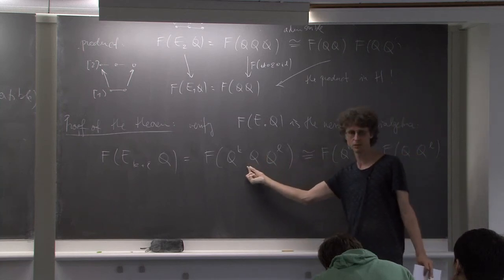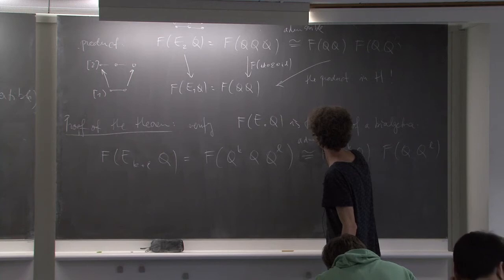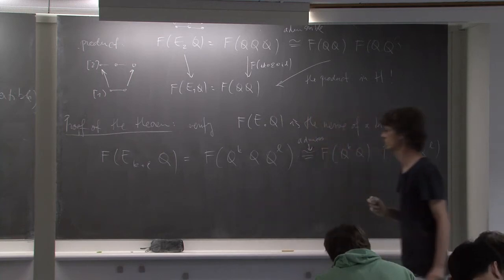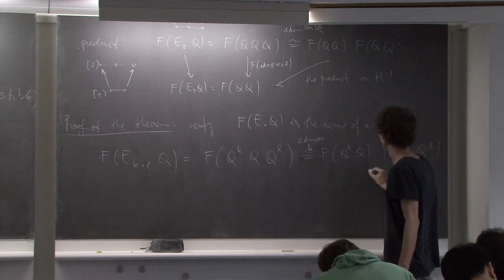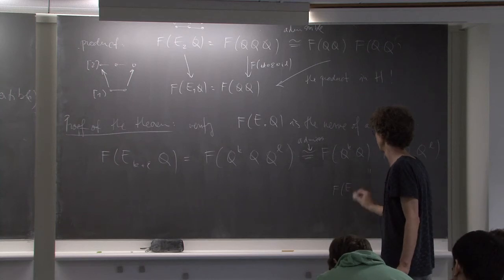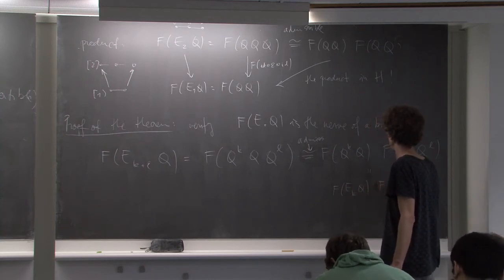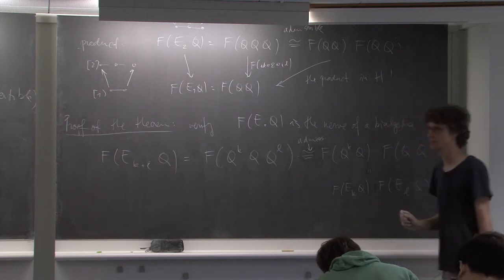That we just split this Q in the middle. And that thing is nothing but F of EKQ tensor F of ELQ. Very well, right?